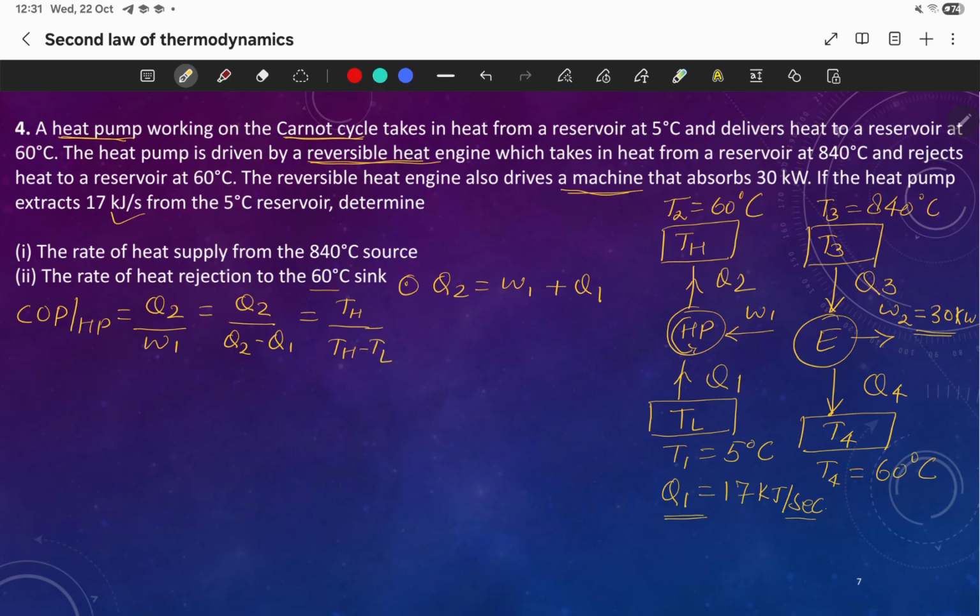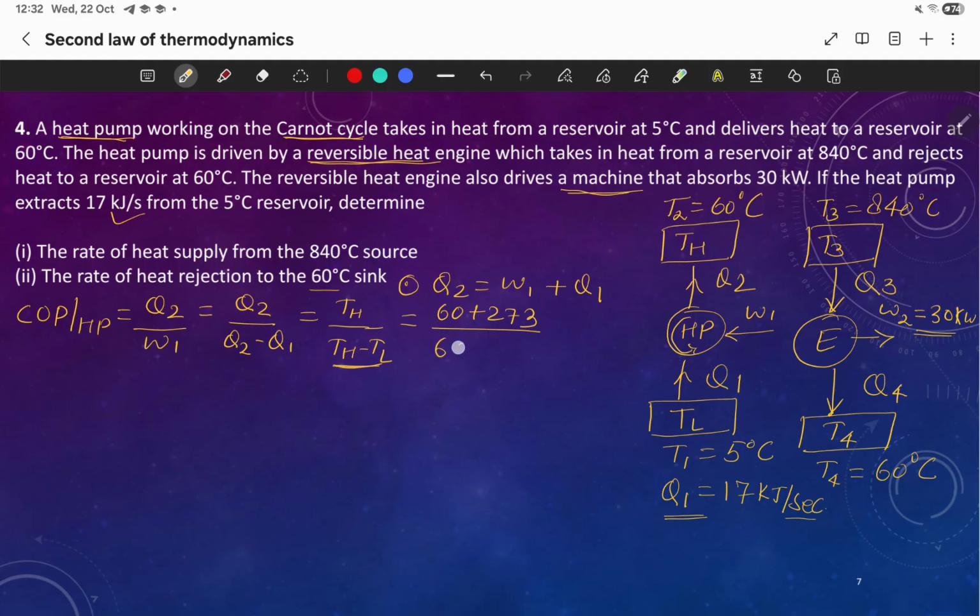Okay, so I hope we have all the values. TH value is 60 degrees Celsius. Now here you have to put all the values in Kelvin. So TH will be 60 plus 273, and this is actually the difference, so if we add 273 on both sides, it will be subtracted.